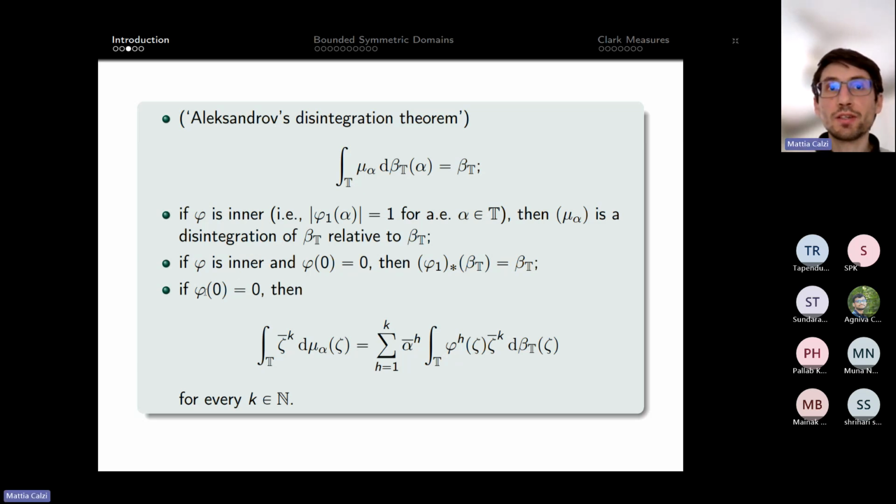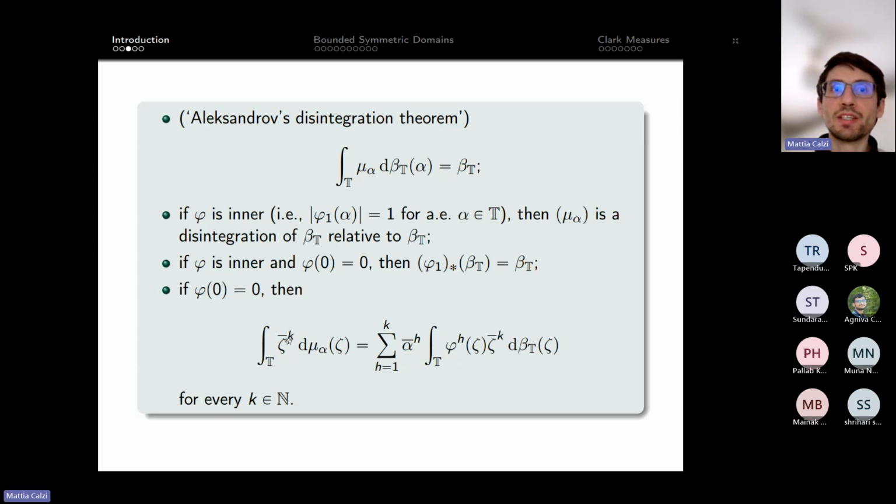And another result concerns the fact that if you take a function, not necessarily inner, which preserves the origin, then you can describe the Fourier coefficients of the measures mu alpha by means of this formula, where in principle you can compute these objects here, even if you don't know what the mu alpha looks like, because this refers only to phi.